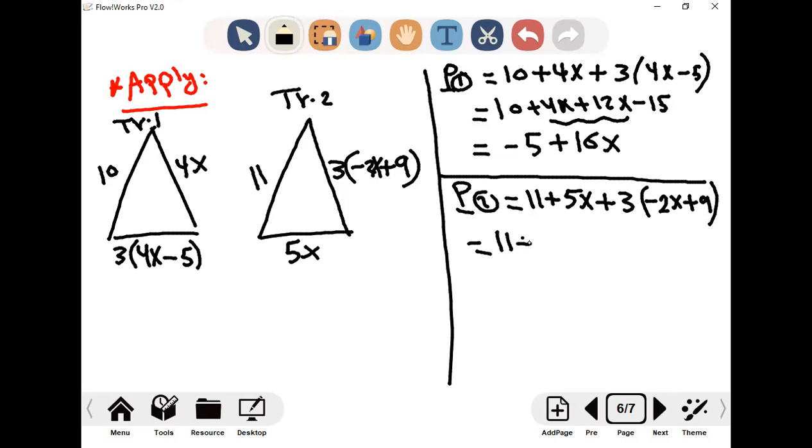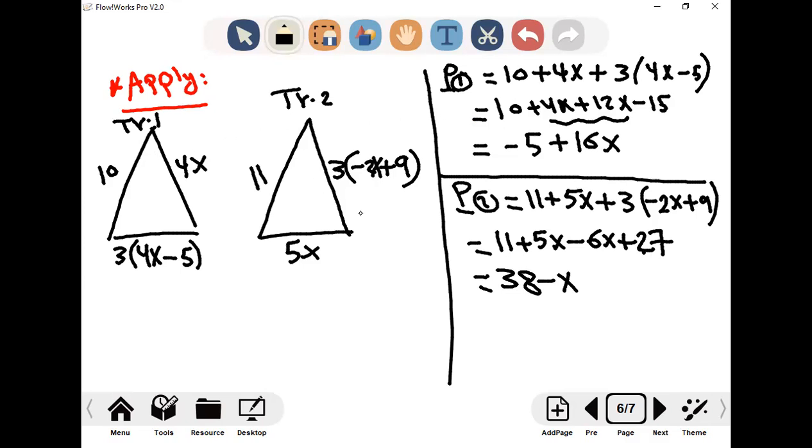So 11 plus 5x, negative 6x. Why did I put negative? Plus 3 multiplied by negative 2 is negative 6, and 3 multiplied by 9 is 27. Now the like terms: 11 with the 27, and 5x minus 6x is negative 1x, but we don't write the 1.